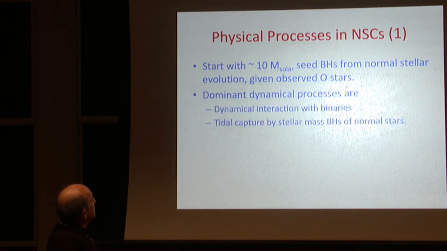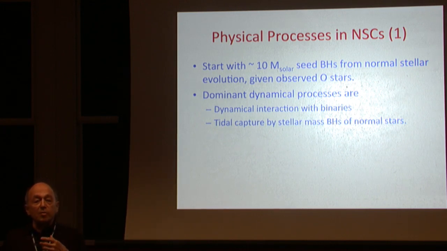What are the dominant dynamical processes that would occur in such a nuclear star cluster with these seed black holes? Well, one is interaction with binaries. And we all know that.